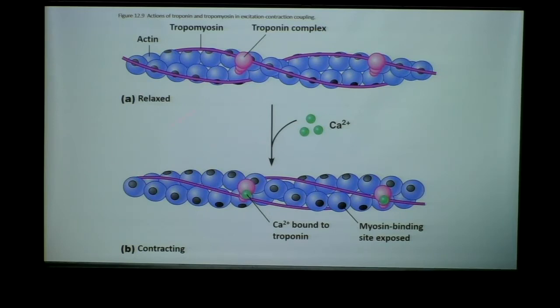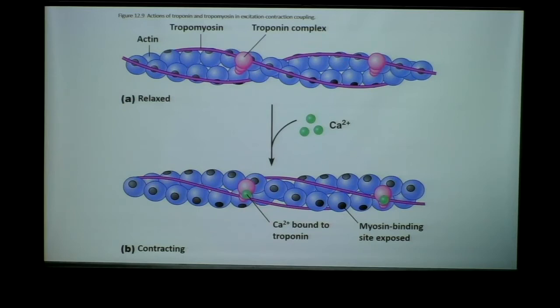Now, in the contracted state, in the presence of calcium, and we talked about how calcium got into the cytoplasm, right? So now calcium's in the cytoplasm, and it's free to bind to troponin on its binding site, which influences the movement of tropomyosin, which is also bound to this troponin complex.